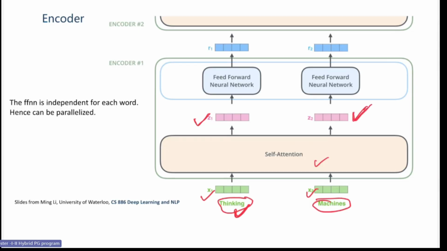Now these are the refined feature vectors, which are coming after applying the attention. That means if I ask what is inside Z1, Z1 contains the information of thinking along with the information of machine as well. Because there is no existence of thinking without machine, because this whole thing makes the sentence.